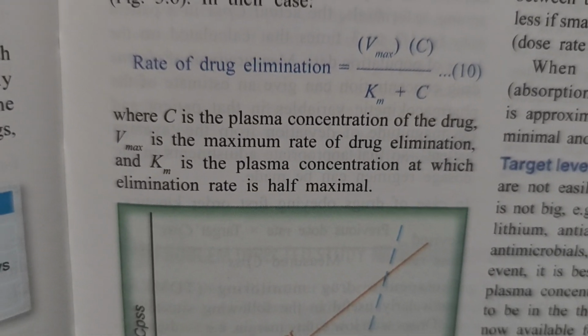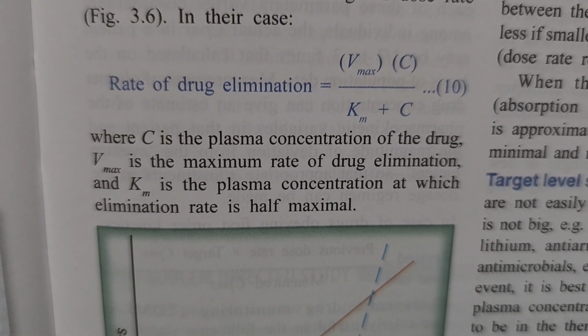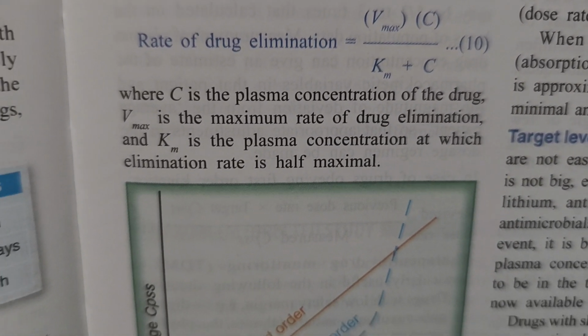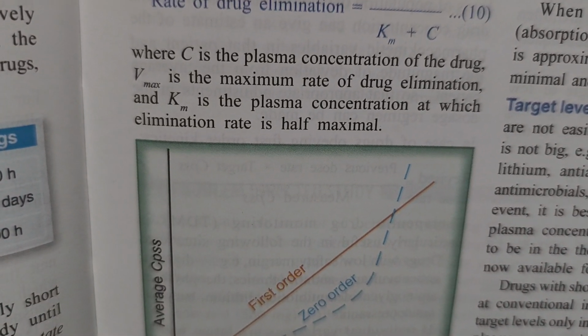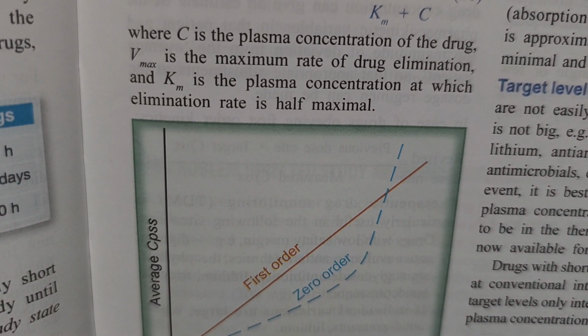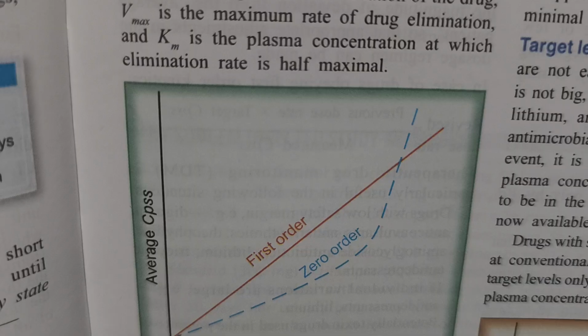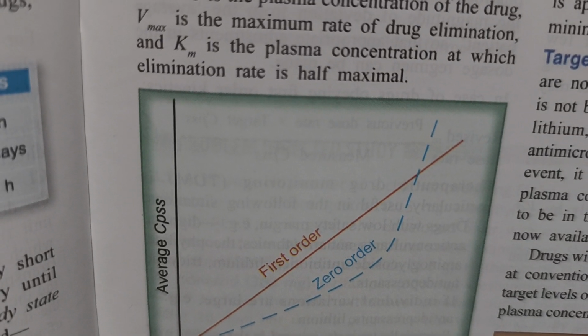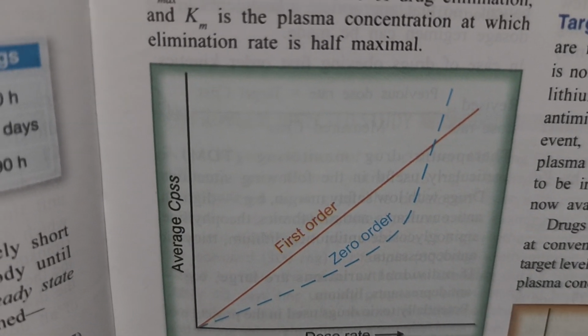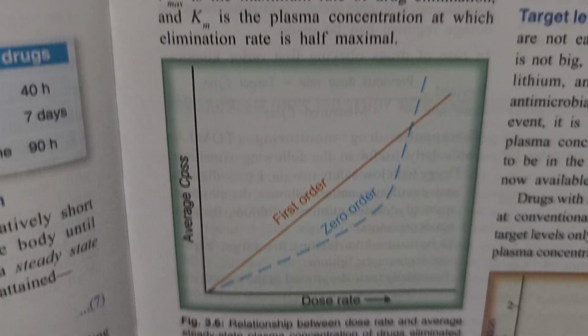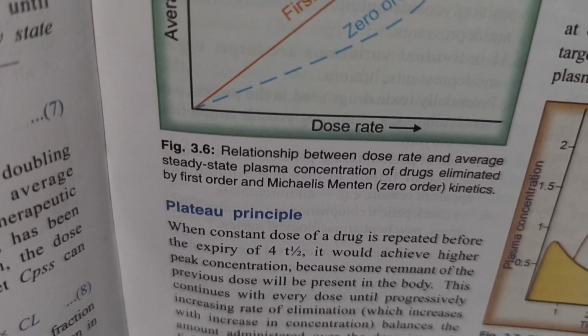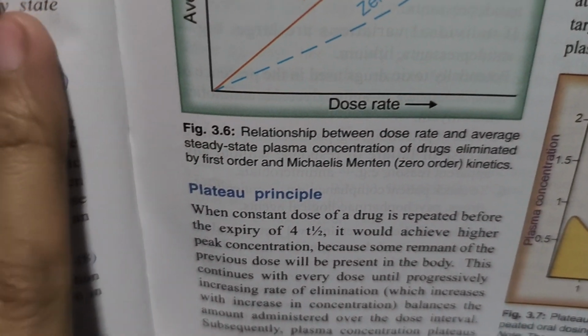In their case, rate of drug elimination equals Vmax times C divided by Km plus C, where C is the plasma concentration of the drug, Vmax is the maximum rate of drug elimination, and Km is the plasma concentration at which elimination rate is half the maximum. Plateau principle.